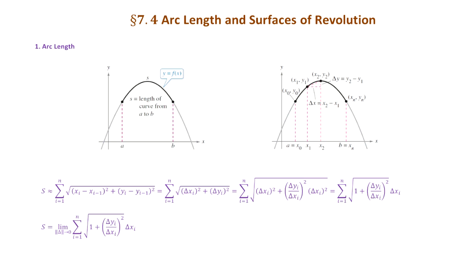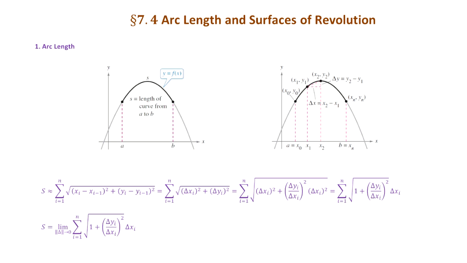If you look at the second piece, for example, on the graph on the right, we approximate the curve on that piece by a straight line. You can see the graph, and then you can use the formula for the distance from x1, y1 to x2, y2, and this can be applied to all of those pieces.